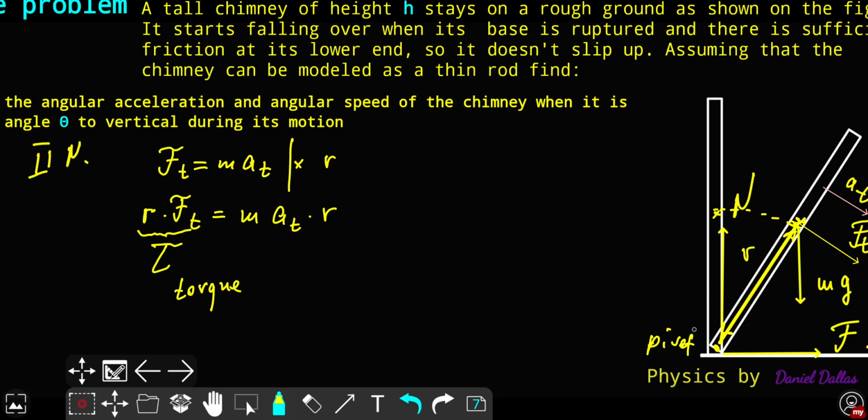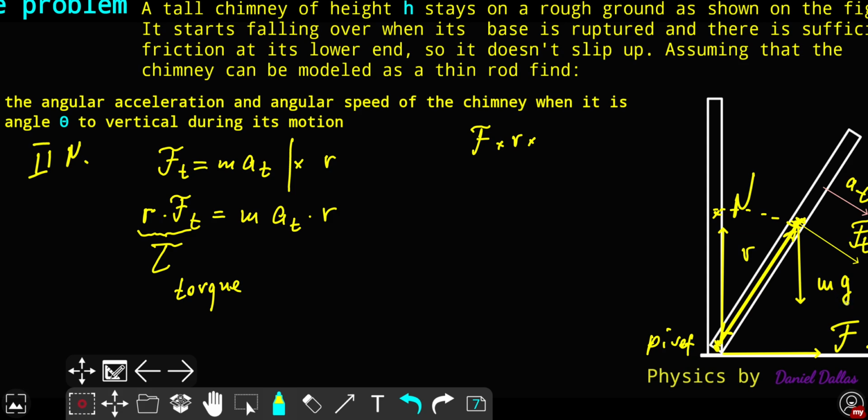So it's the shortest distance from the pivot to the given point where the force is applied, multiplied by the force, okay? So the shortest distance is the distance r to the tangential force. You probably remember that if you're given some force, not necessarily tangential to the path of the motion, you can multiply by r and the sine of the angle between them.